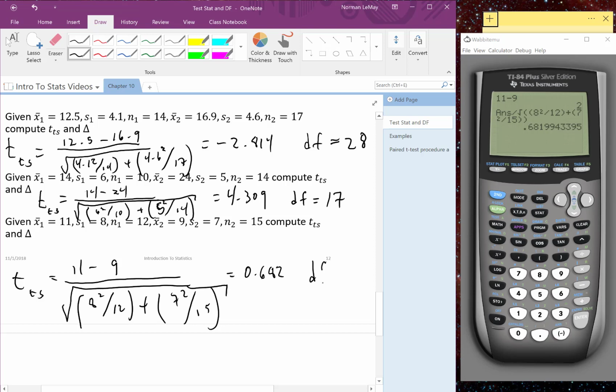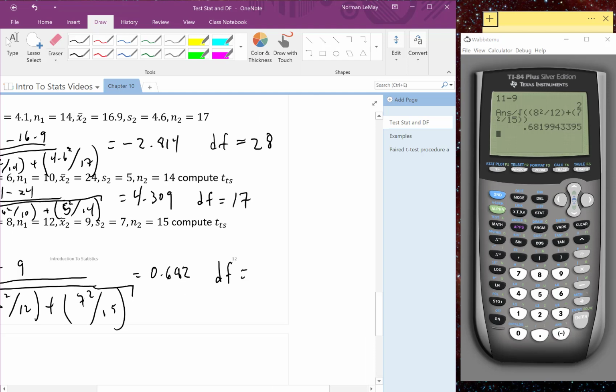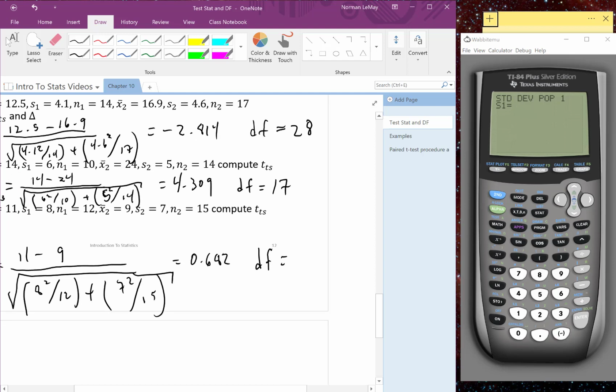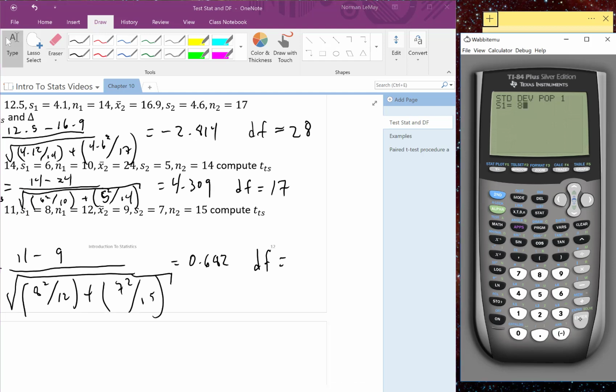And our degrees of freedom, again, we just run the program. Program DF puts it on the screen, press enter to start it. S1 we know is 8. N1 is 12. S2 is 7, and N2 is 15.